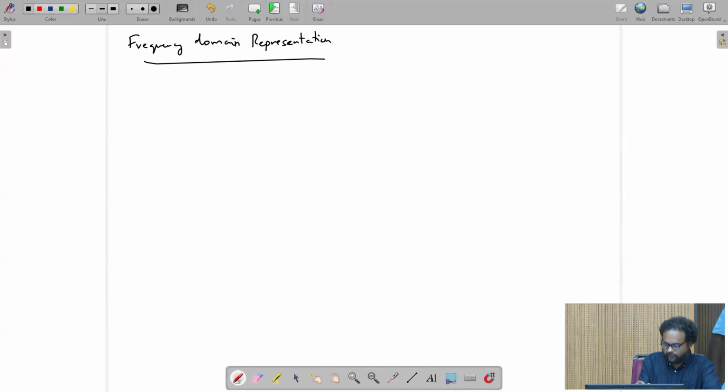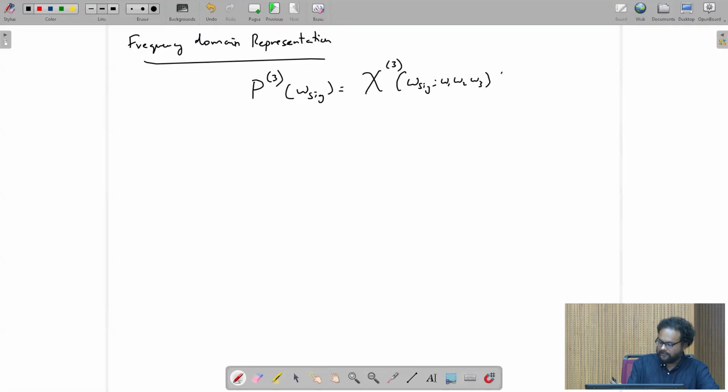Frequency domain representation, of course, here nonlinear. In this case, we are going to talk about only third order polarization. Of course, related to chi3, the oscillating signal has dependence on all three frequencies, the three interaction fields, and the amplitudes.